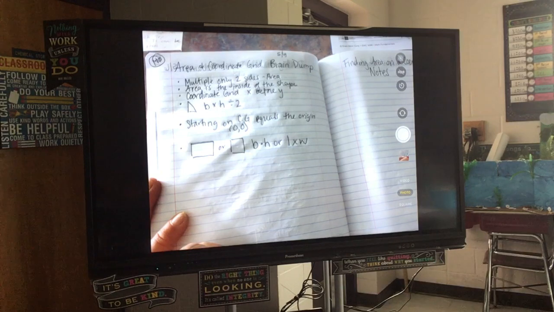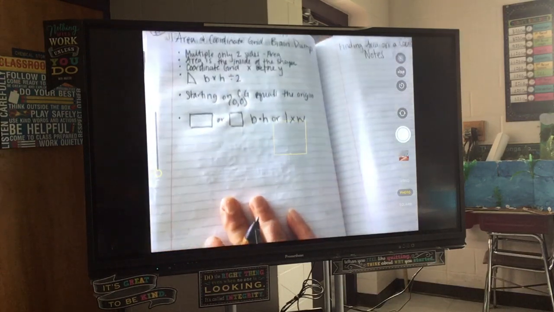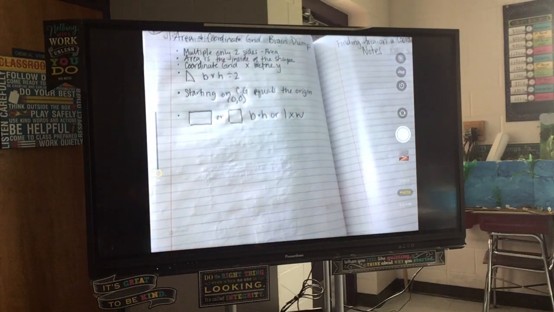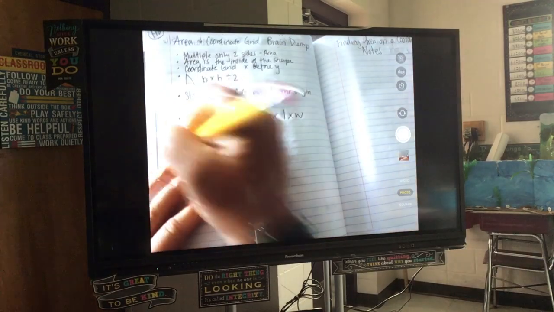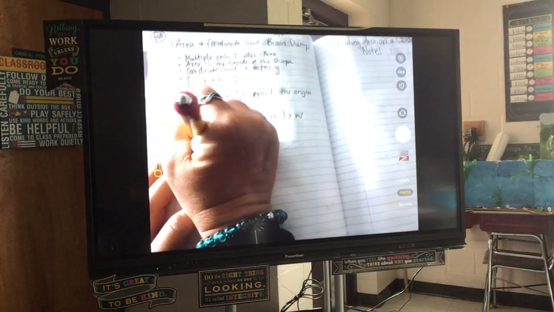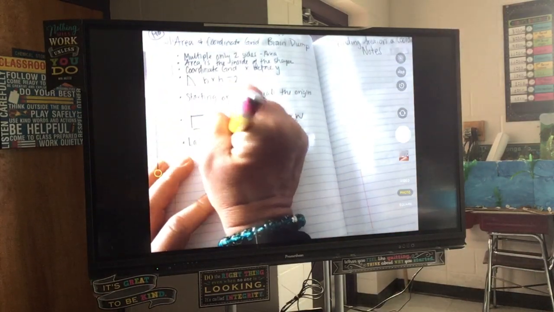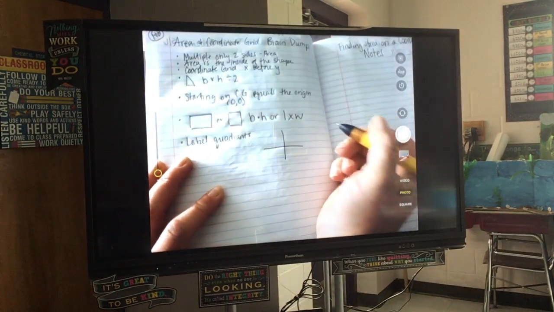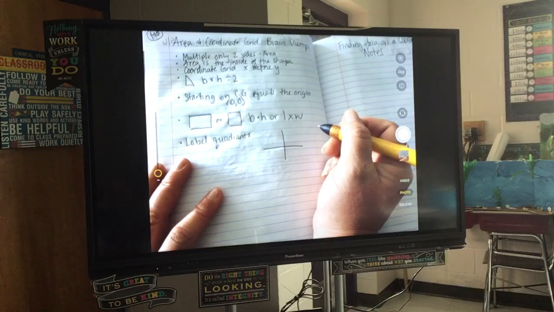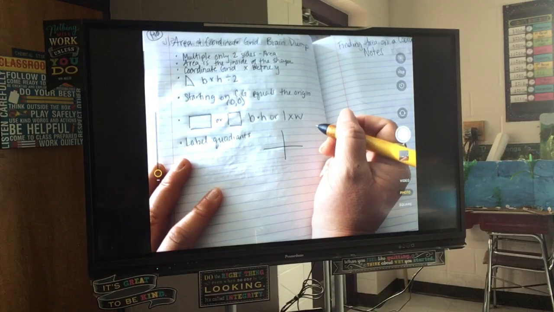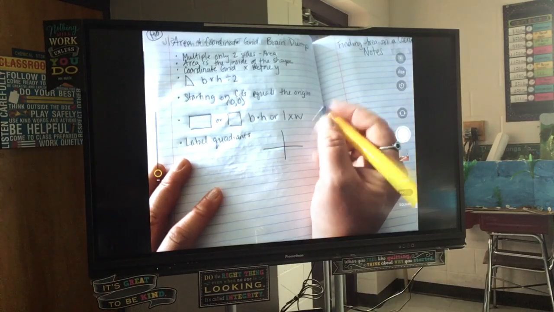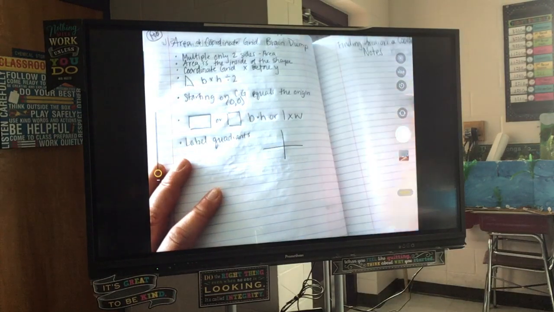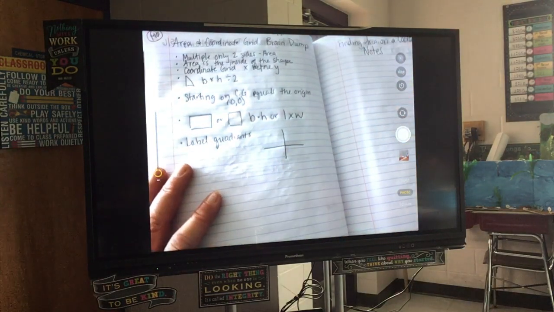Alright, what else? Elizabeth? Label the coordinate grid's quadrants. So if I was labeling my quadrants, how would I label them? Anybody? Cam? Fantastic.